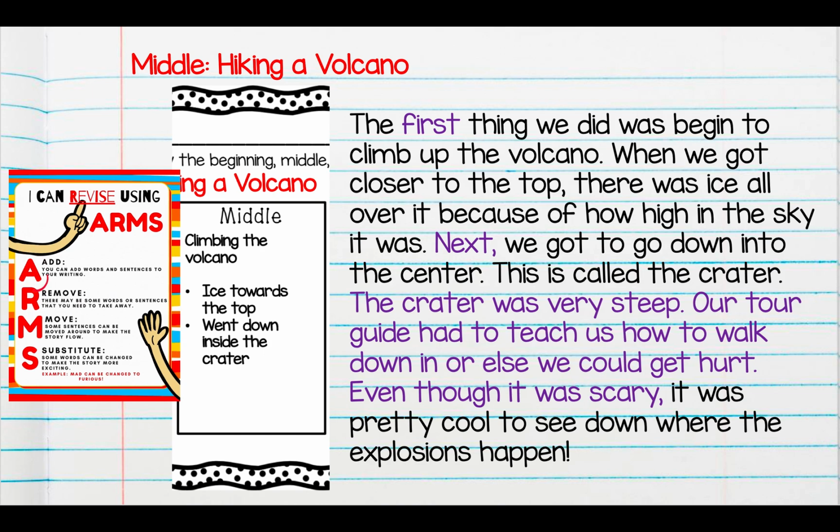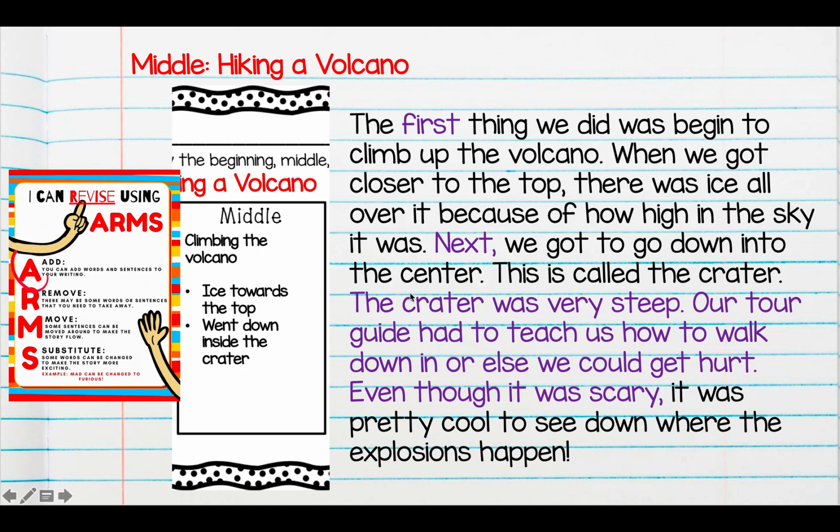Here's what I added. The crater was very steep, which means very hard to walk down because it was so deep. Our tour guide had to teach us how to walk down or else we could get hurt. Even though it was scary, it was pretty cool to see down where the explosions happen.